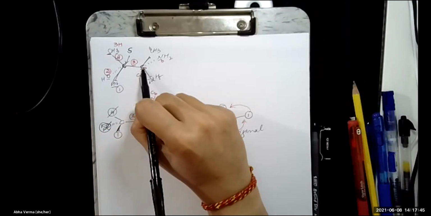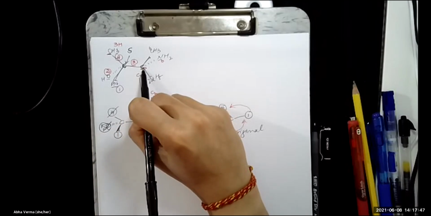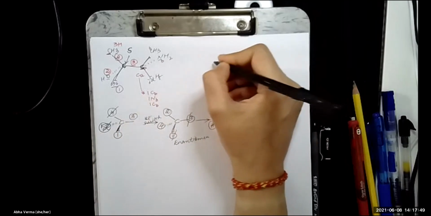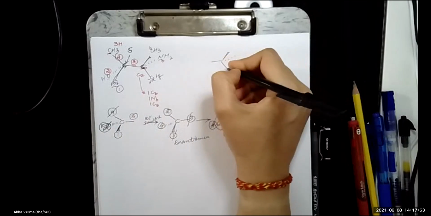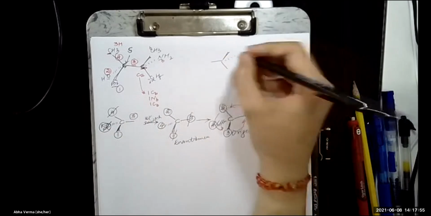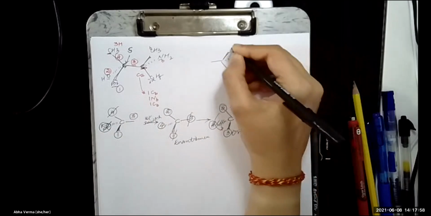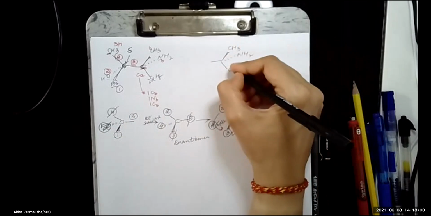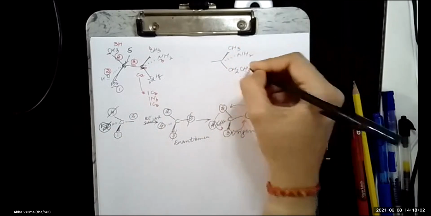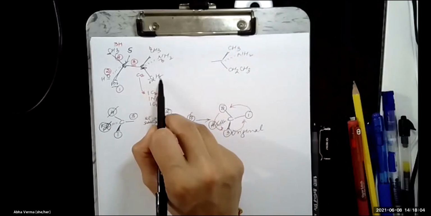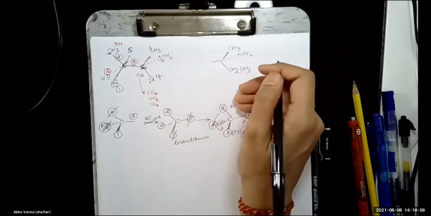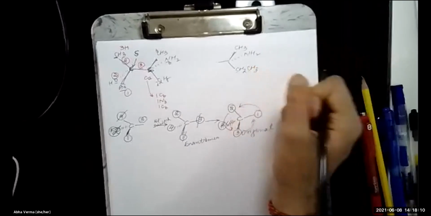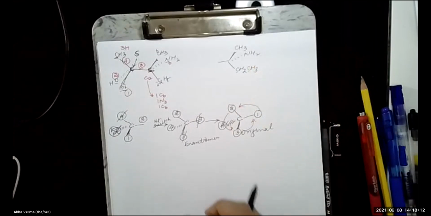Now I'm going to focus on this carbon. And if I want, I can redraw it to see it better. So what I did here was, instead of writing C2H5, I wrote out the CH2, CH3. Okay.